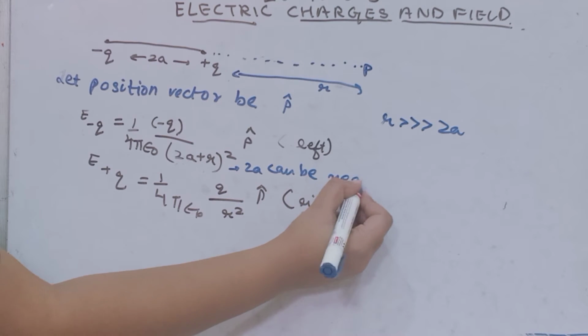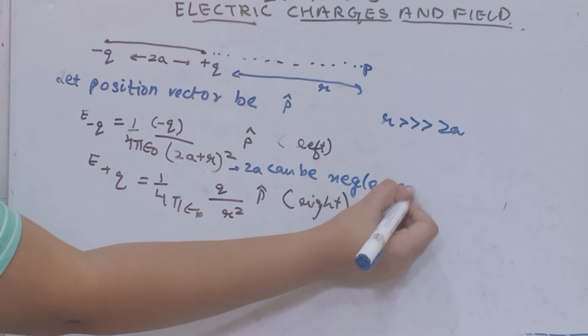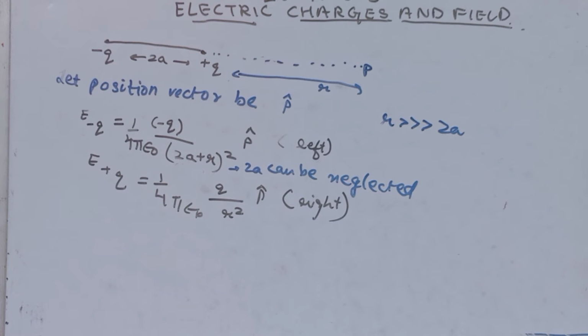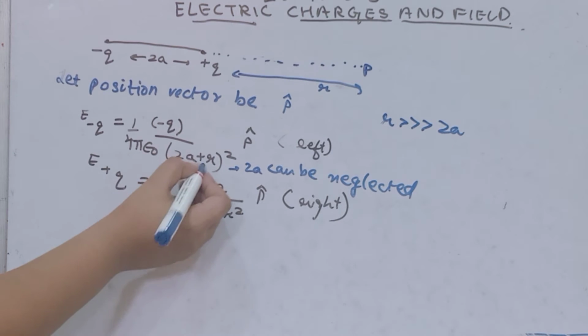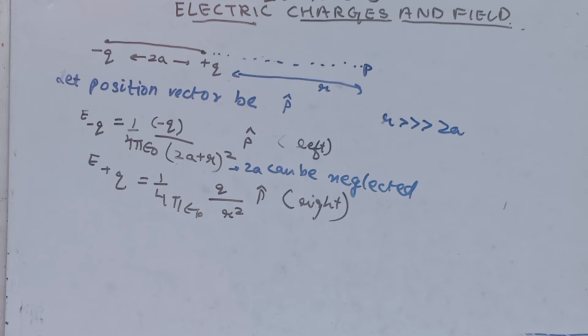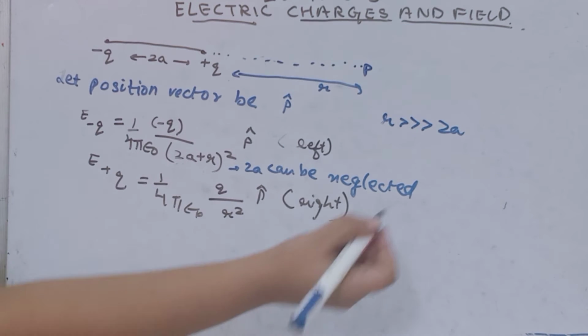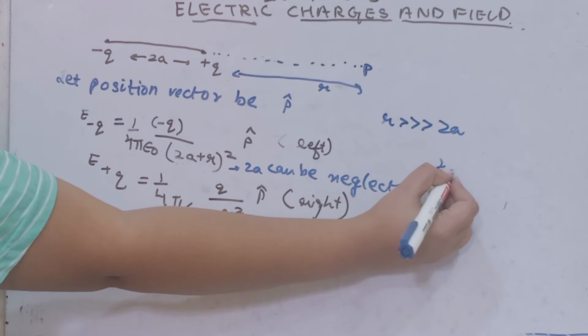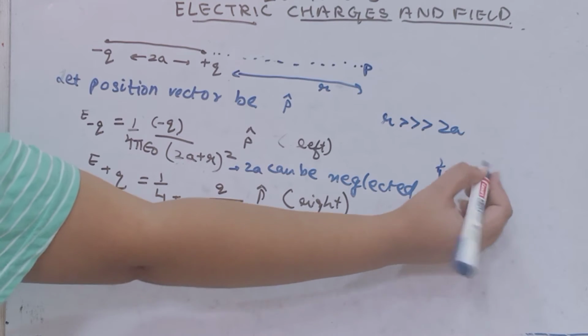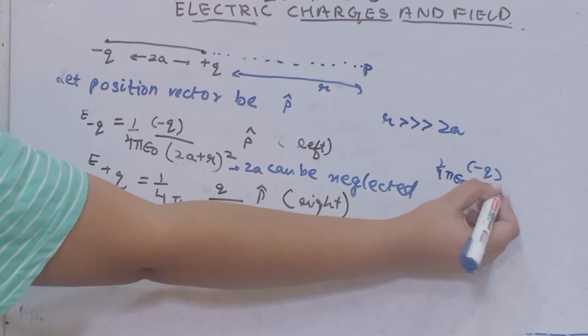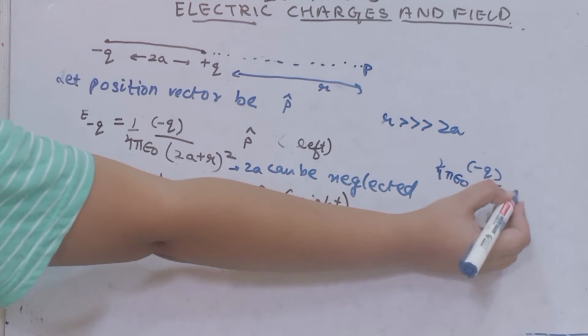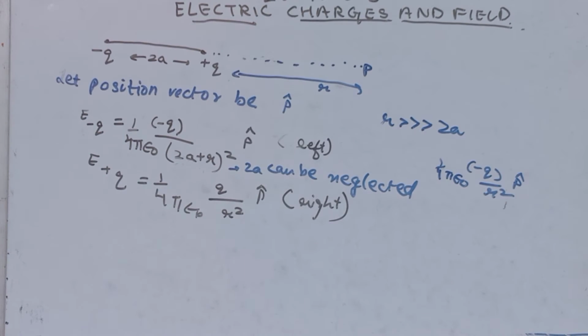Obviously, because r is very, very greater than 2a, 2a being very small, we can take it as approaching 0. So then this electric field becomes 1 upon 4 pi epsilon naught minus q upon r square into p cap. Fine. Now when we add these two electric fields, they will cancel each other.